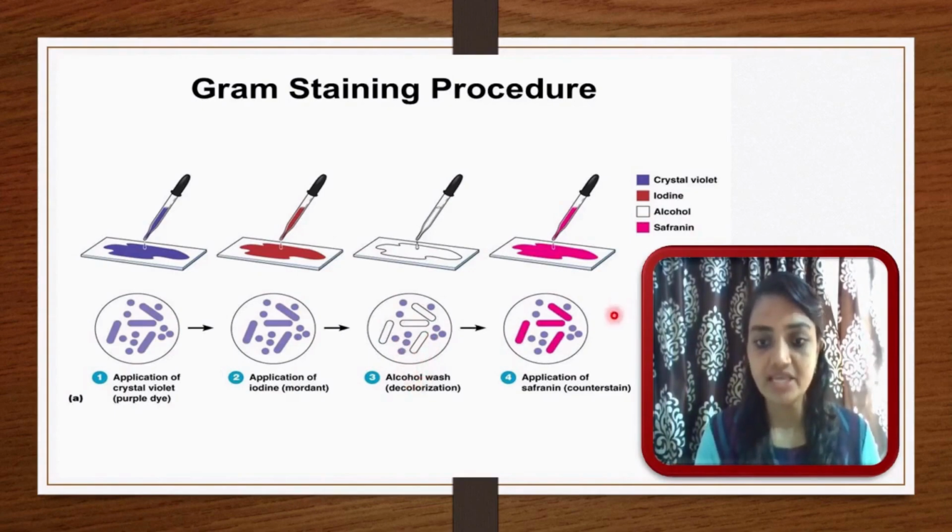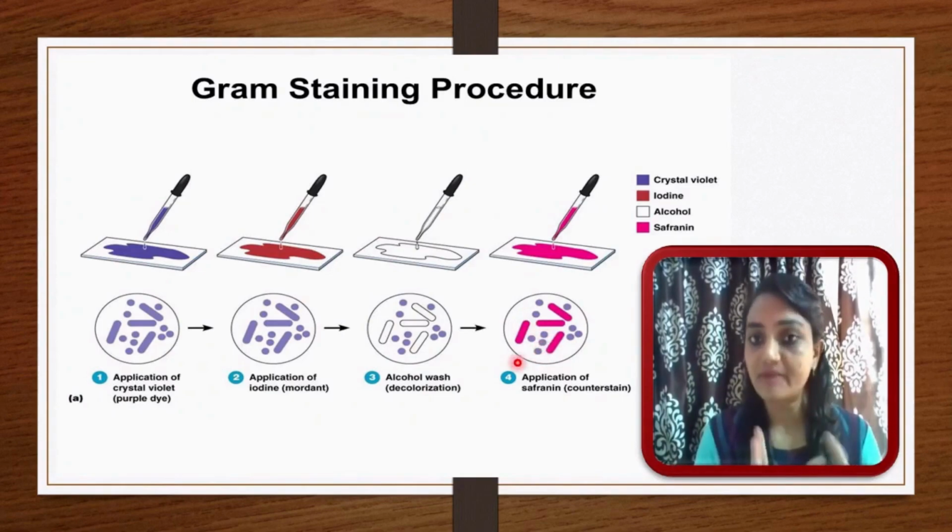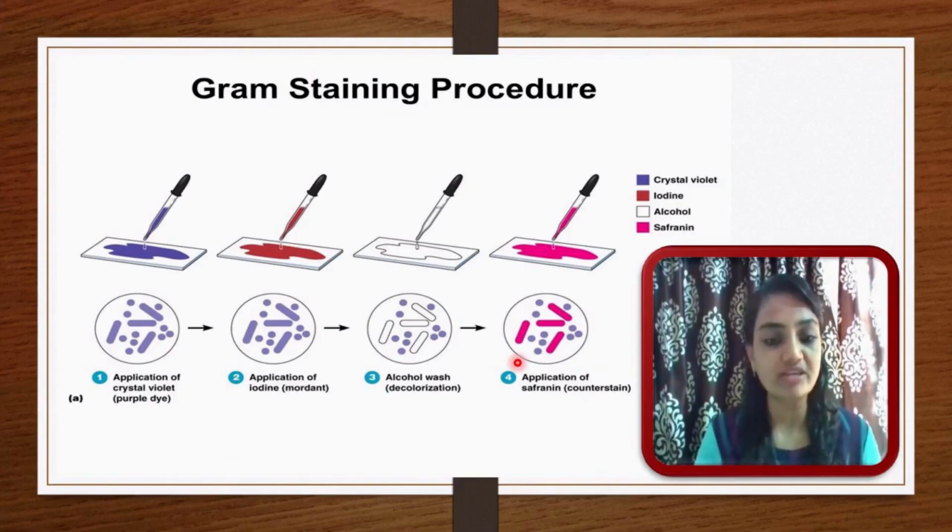And finally you apply safranin. As a result, whatever bacteria are Gram positive will look purplish under the microscope, and that is considered Gram positive bacteria because they are stained with the help of crystal violet.